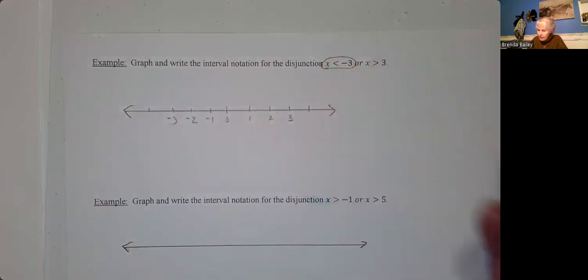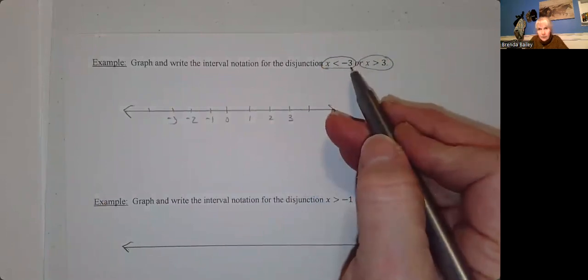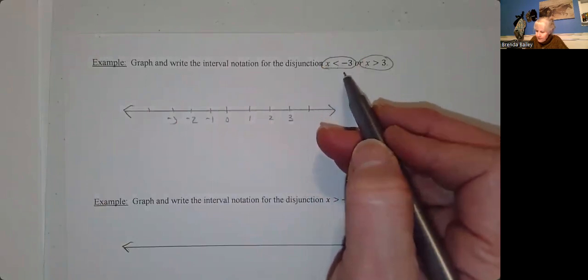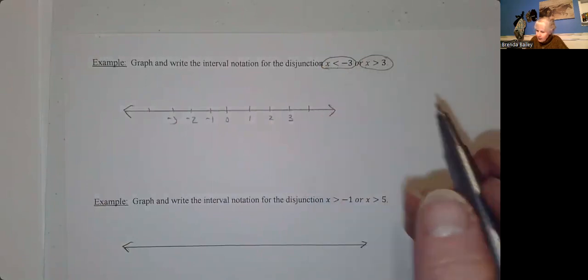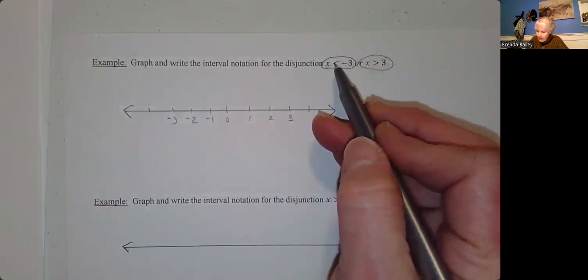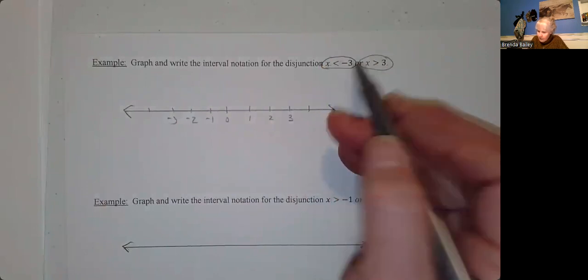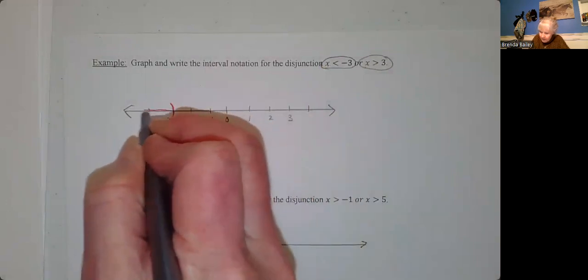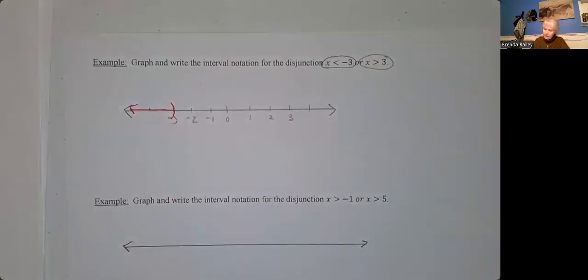We're going to graph it separately, then graph this one separately, and we'll combine the two and look at the interval notation, which is a little bit harder than the other one, but it's not too bad. We're going to go to -3, and we need to decide if we're going to use a bracket or a parentheses. No equal underneath, so we'll use the parentheses. And we want x's that are less than, smaller than -3. So our parentheses will go here, and there's that one.